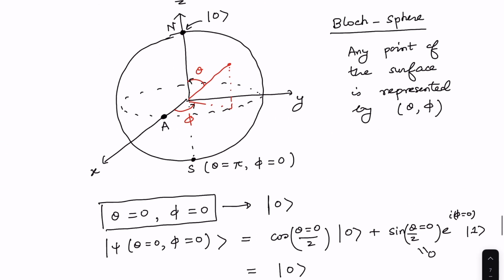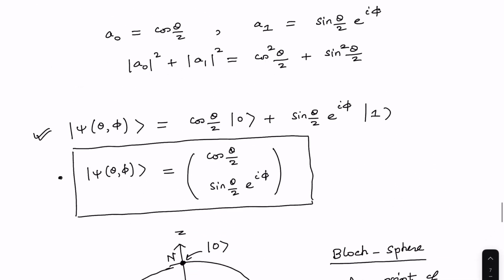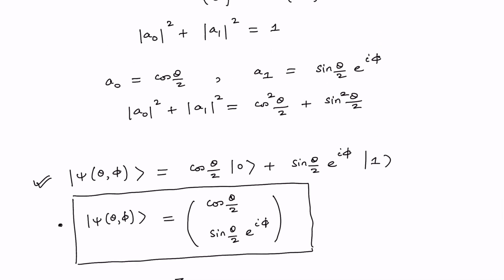Effectively, what I mean to say is that any point on the surface of the Bloch sphere represents a quantum state, and this is the difference from the so-called classical bit, where you have only 0 and 1, whereas in the case of quantum states you can have superposition states of different kinds. The only condition is that the amplitude coefficients satisfy a0 mod square plus a1 mod square equal to 1.